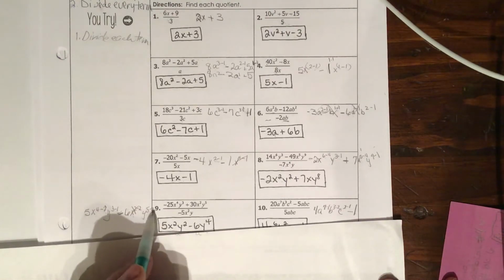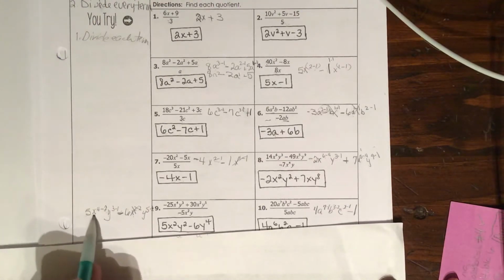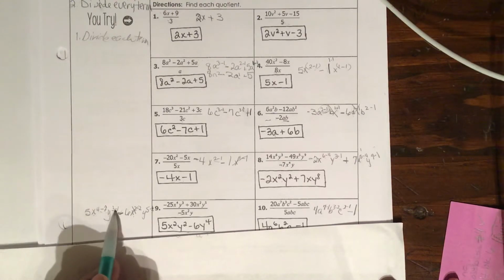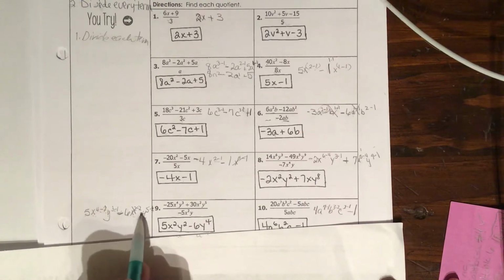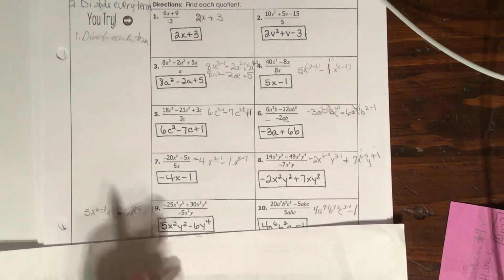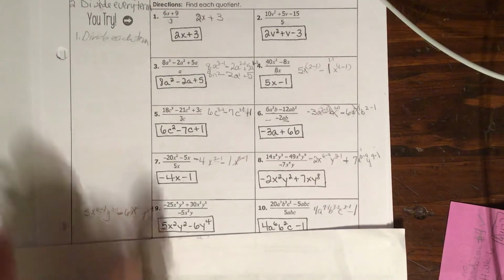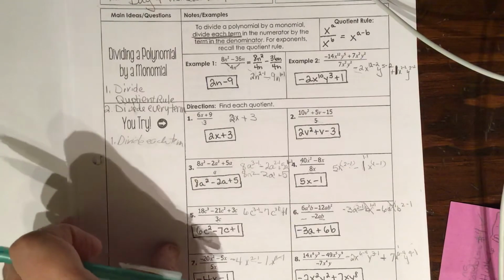Y, 5 minus 1. So that gives us 4. So it becomes x squared, y squared, negative 6 to the x is 0, nothing, y to the 4th. You see why I exit out when it's 0? That helps me out. You can do number 10 by yourself to see if you get the answer.